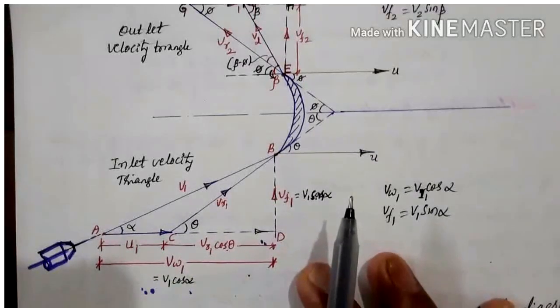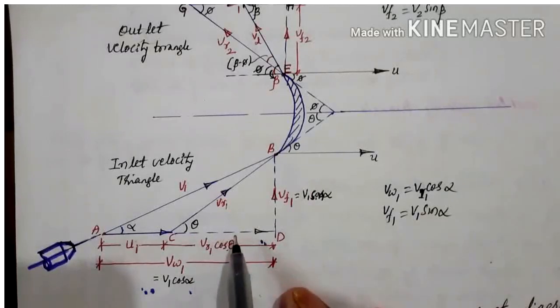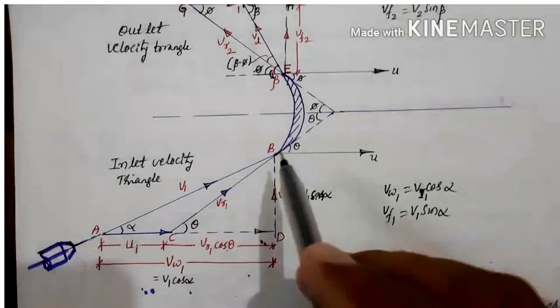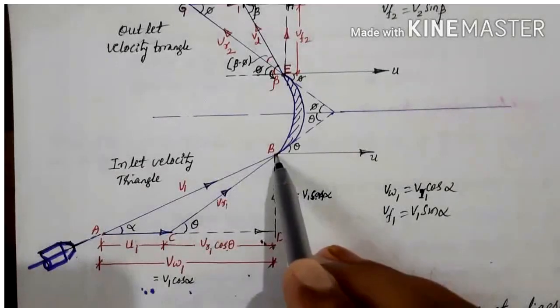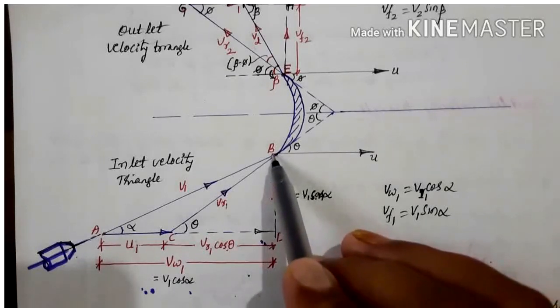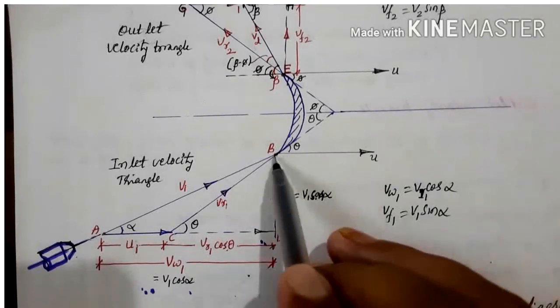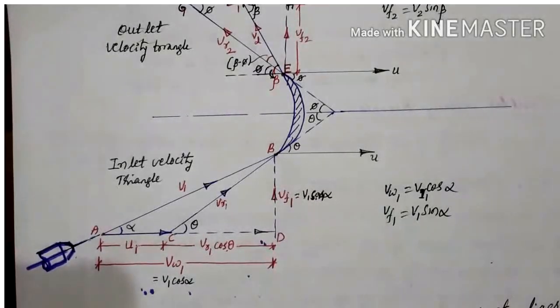So this figure represents a jet of water striking a moving curved plate. The jet is coming out of the nozzle and it is striking the moving curved plate or the vane tangentially to the shaft of the turbine, like this.